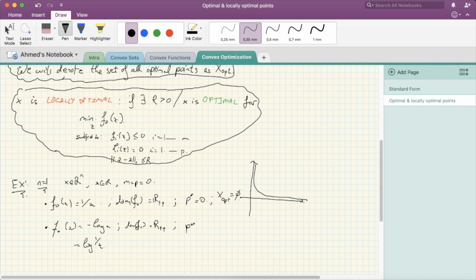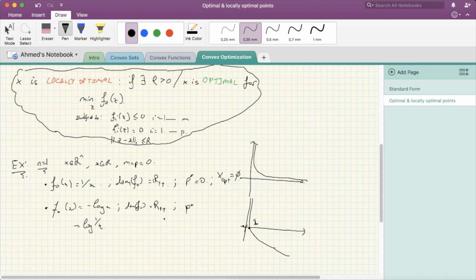What is the minimum value minus log x could take? Log x does something like this, right? So minus log x would do that. The infimum here is clearly minus infinity. And is there an x that achieves this? No. So x opt is the empty set.